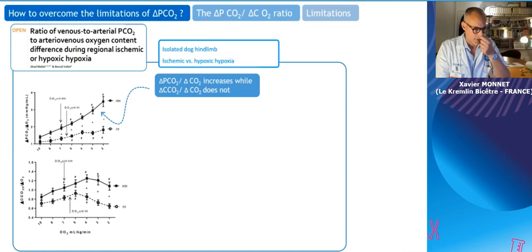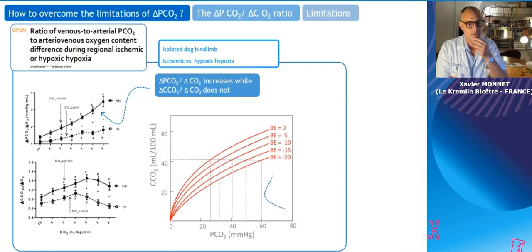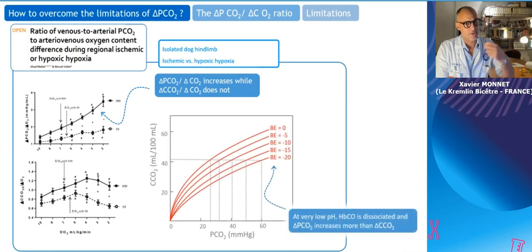In any way, there was hypoxia, and you see that for the highest levels of hypoxia, on the bottom side, the difference in CO2 content decreased, while the delta PCO2 increased, falsely increased, if I may say. And it's likely because there was large acidosis, explaining that CO2 was moved away from hemoglobin, which increased the PCO2 gap, but not the CO2 content.